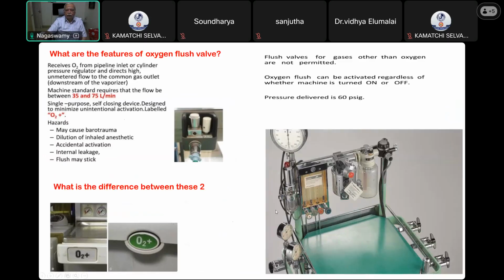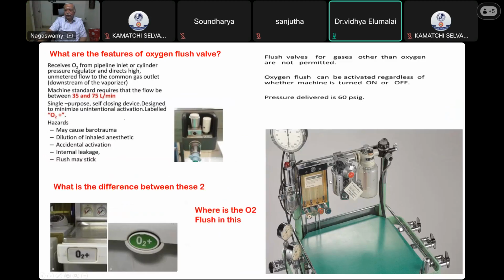Now, where is the oxygen flush in this machine? This is an older type of machine. So if they keep this machine in your Viva exam, they may ask you where is the oxygen flush. Can you identify the oxygen flush in this machine? No, sir.